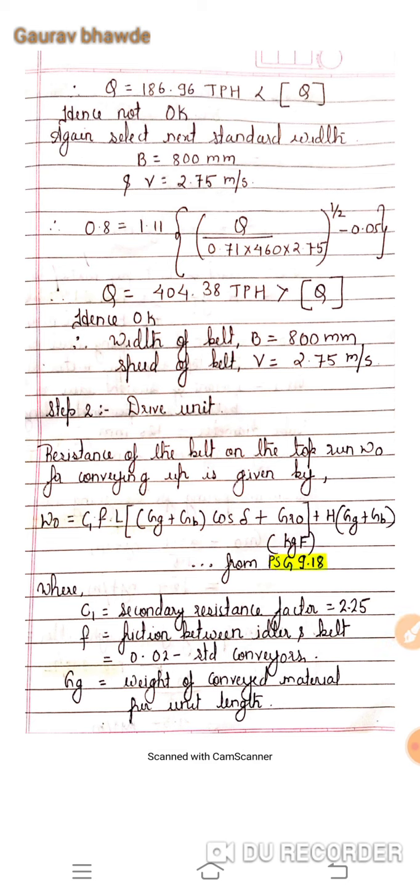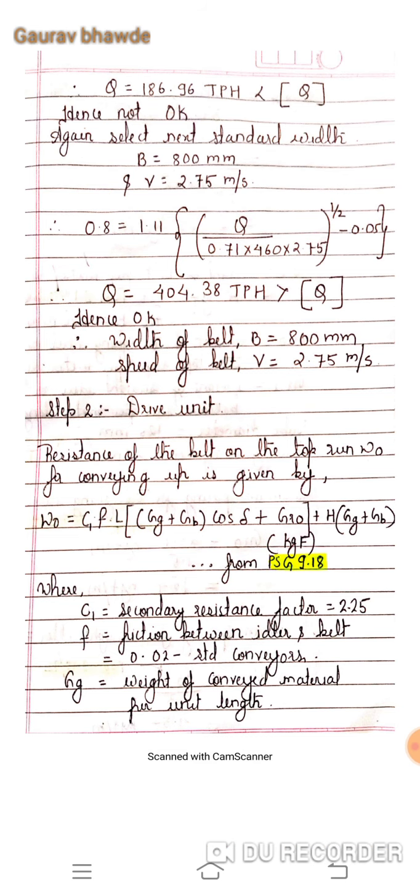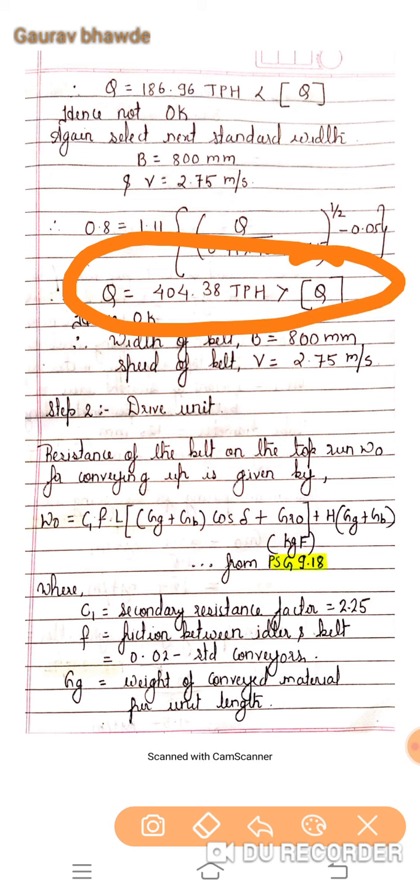Again selecting the next standard width, B equals 800 mm and velocity for it is 2.75 meter per second. Putting it into the formula for B minimum, here you get Q equals 404.38 tons per hour, which is more than the design capacity of conveyor.